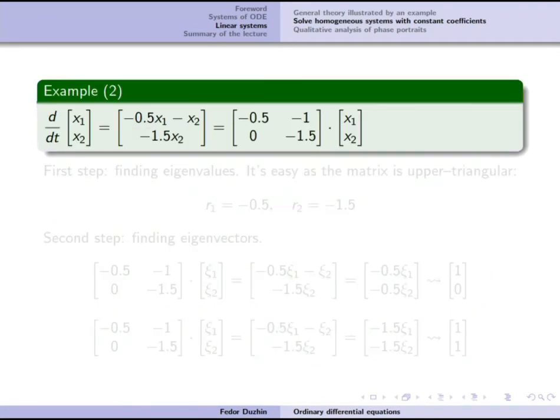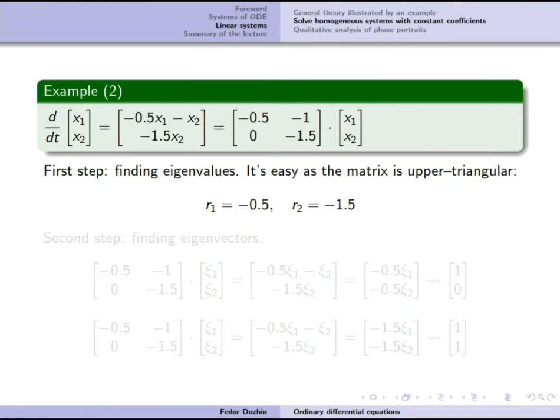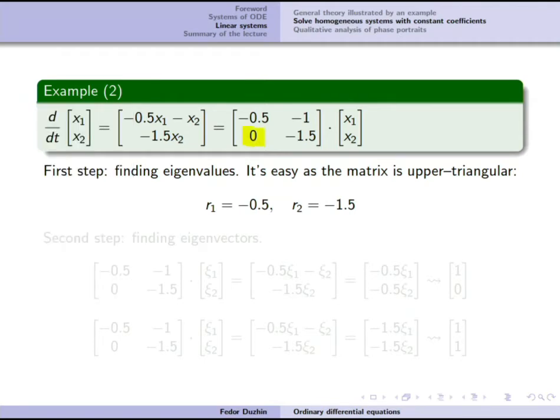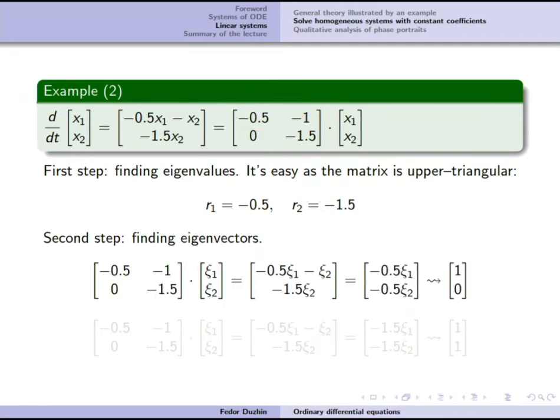All right. So let's go through a couple of examples. The first step is to find eigenvalues. Notice that here we have the luxury of working with an upper triangular matrix. So this coefficient is 0, which means that the eigenvalues are just on the diagonal, right? Eigenvectors you have to find.